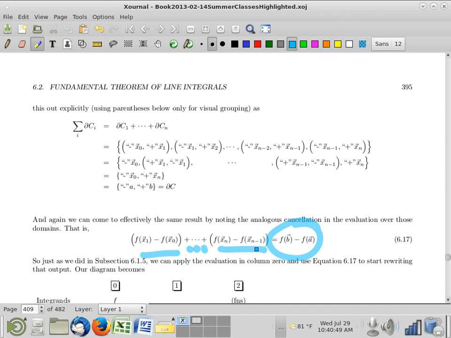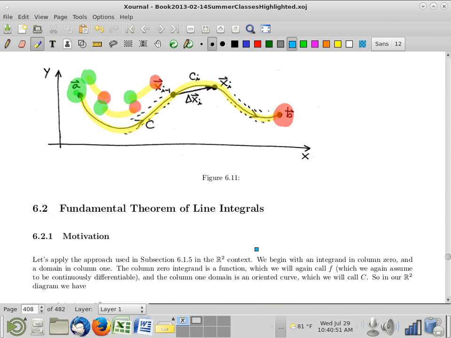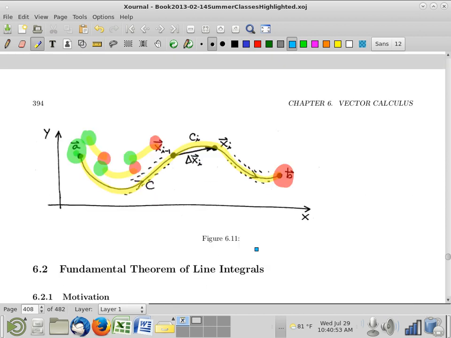So here's a silly sort of physical example. Let's look at this picture again. Maybe this is a road that we're driving along, and let's think of the function as being altitude. Well, f of b minus f of a says what's the total altitude gained of driving along the whole road?